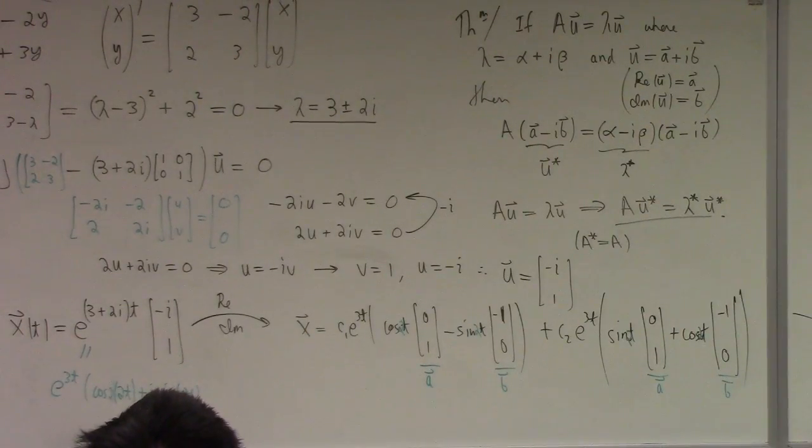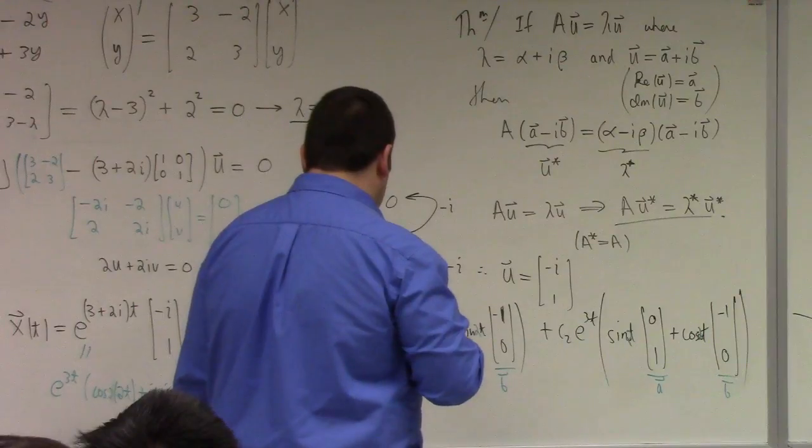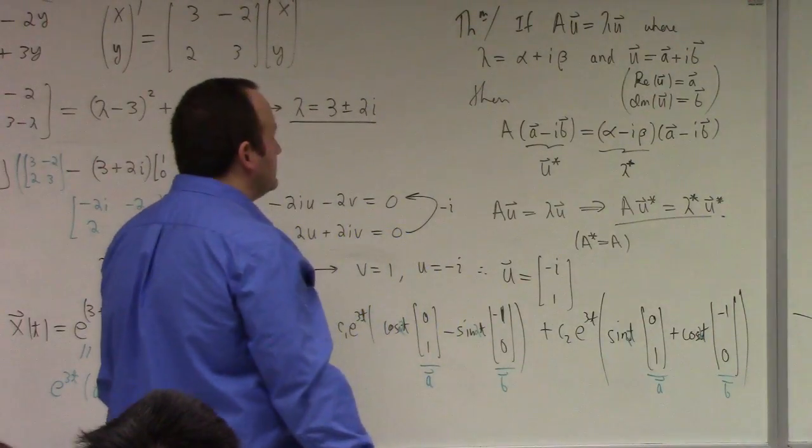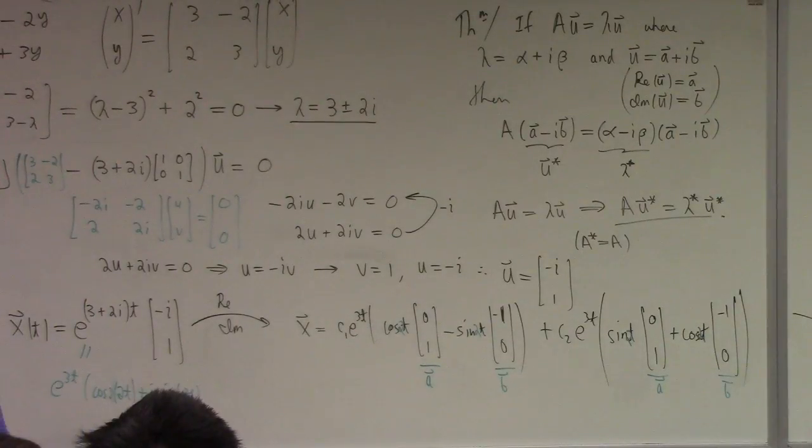Yes, sir? I might be crazy. Uh-oh. No, I think you're right. Where you multiply by negative i to go from up at the top in your green. Oh, yeah. Where you multiply by negative i, I think the result should have been negative 2iu plus 2v.